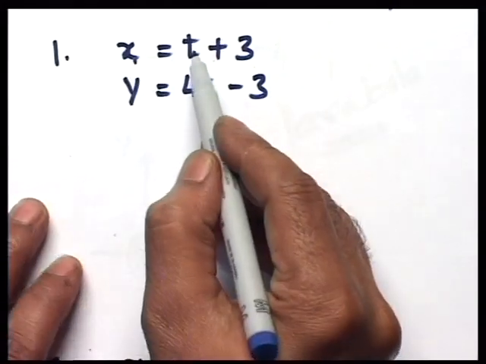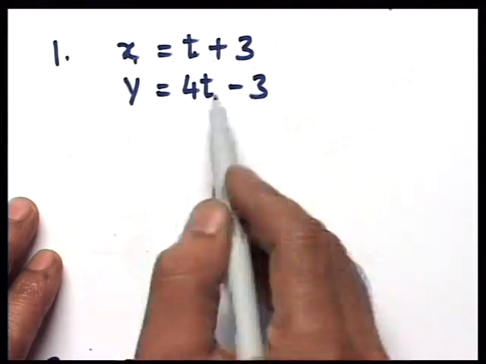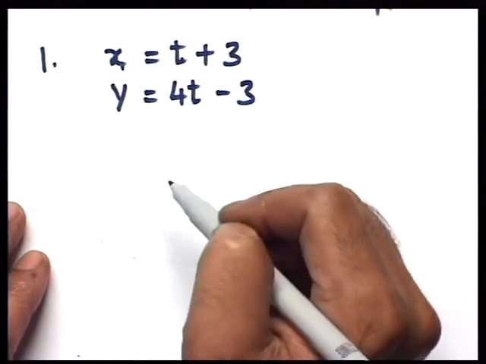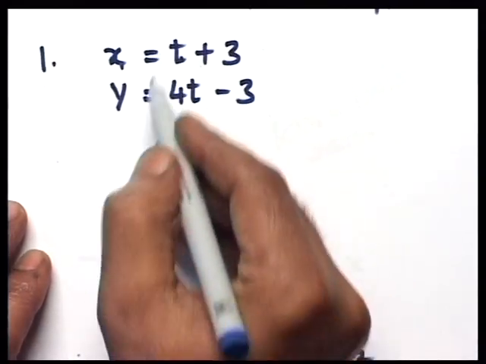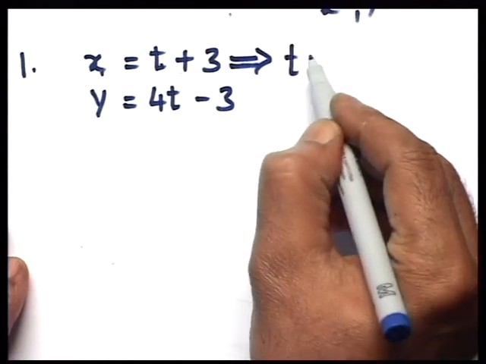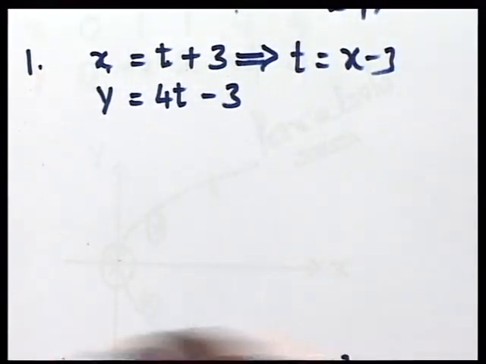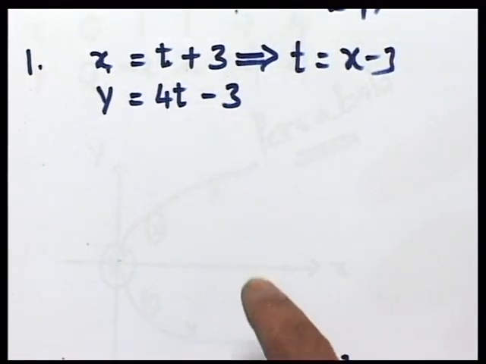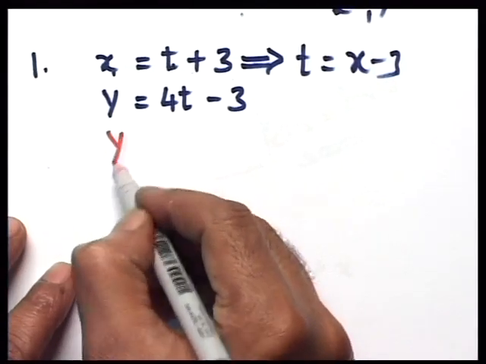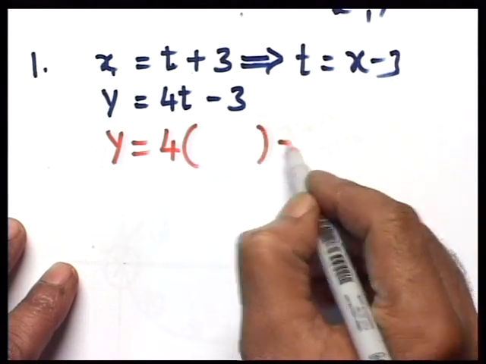I have x equals t plus 3, so that's the nth term. y equals 4t minus 3, the nth term for y coordinates. My plan is to eliminate t. That's it. So remove t. From the first equation, if I make t the subject, I have x minus 3. That's what I'm going to substitute back into this equation now. So I have y equals 4 times t, which is that, minus 3.